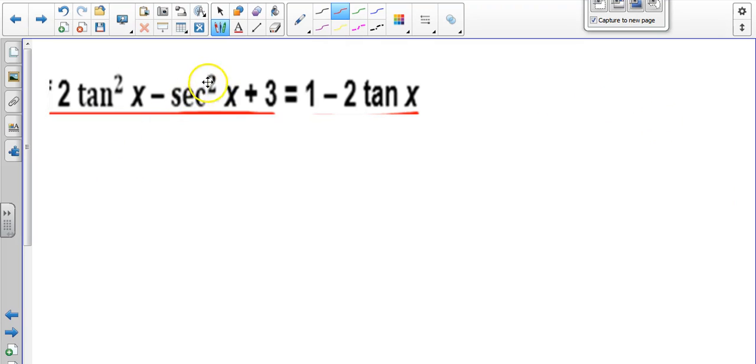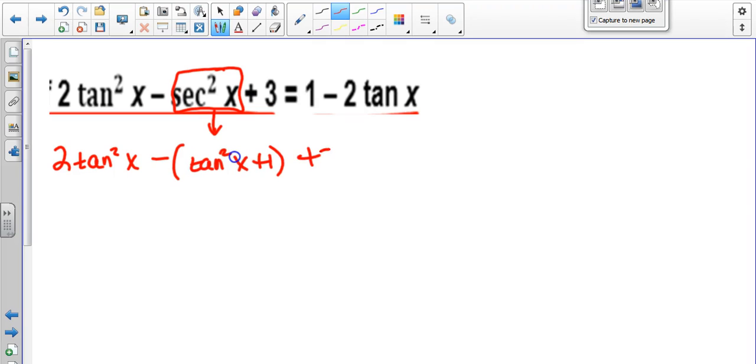All right, we're going to replace this because everywhere else in the problem is a tangent. What can I replace secant squared with? Secant squared, according to the little chart on the top of my unit circle sheet, is tangent squared plus 1. Everybody all right?